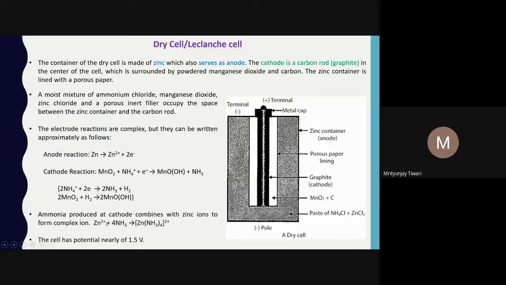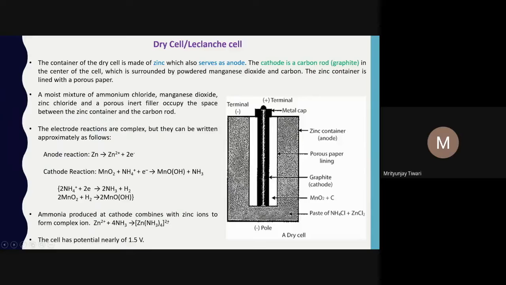So zinc 2+ ion reacts with 4 ammonia, so 4 ammonia will coordinate with the zinc, and zinc will form the zinc tetraammine complex. Zinc 2+ means zinc is in +2 oxidation state, and that +2 oxidation is shown here as a +2 charge, because ammonia is a neutral molecule.